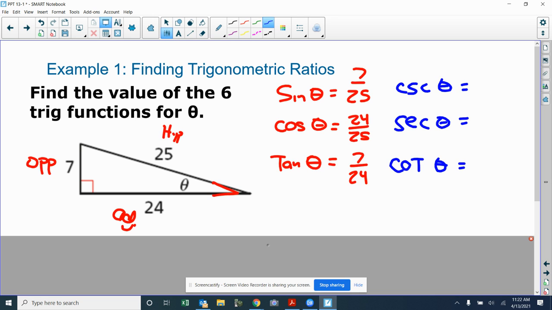Sine, cosine, tangent, cosecant, secant, cotangent. Now, it's easy, what do I gotta do? Just flip them. So this is 25 over 7. This is like taking candy from your brother on Halloween. Pretty easy stuff. Boom. 6 straight values.